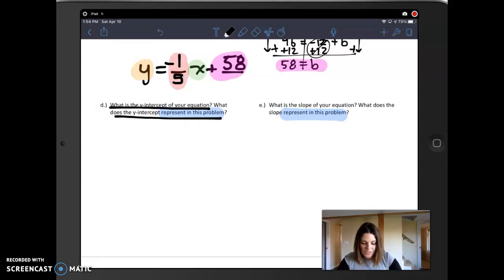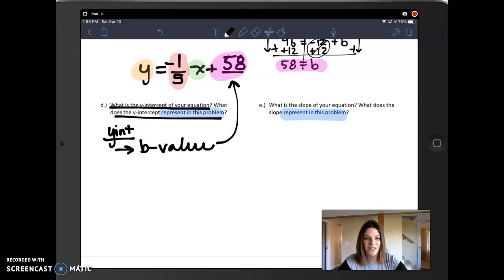So let's talk about this word y-intercept. I usually write it y-int because I'm lazy, just like all of the best mathematicians. One way to say y-intercept is that it is the b value. Well, we know that the b value is the b in y equals mx plus b. So very simply, the answer to this question is 58.